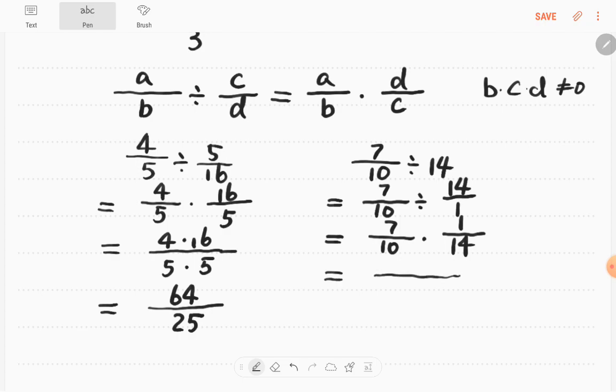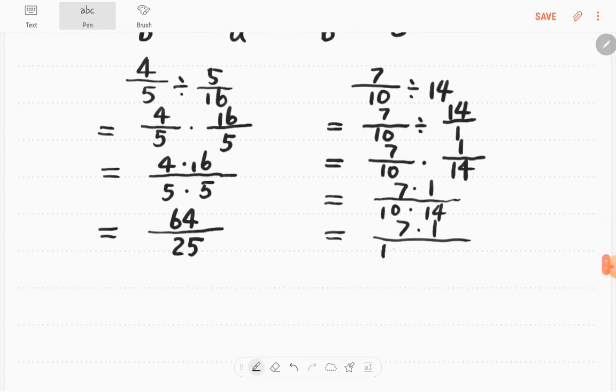Then we can do the multiplication. Numerator times numerator, denominator times denominator. And we can write 10 times 14 like 7 times 2.